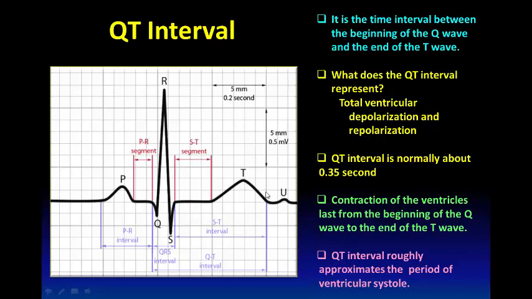And when the ventricles finish with the repolarization, when they finish with the T wave, the ventricles begin to relax, diastole begins. So the QT interval roughly approximates the period of ventricular systole.